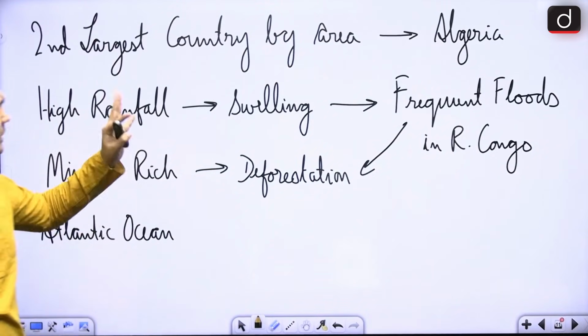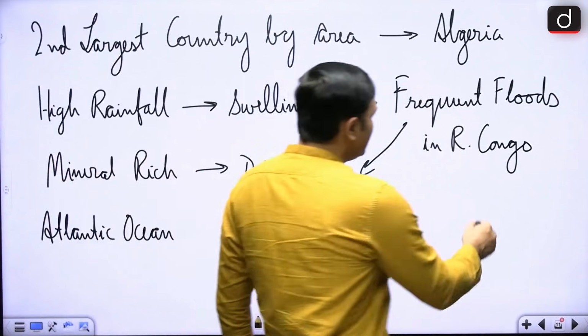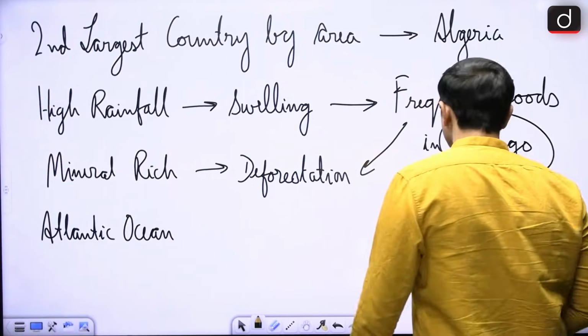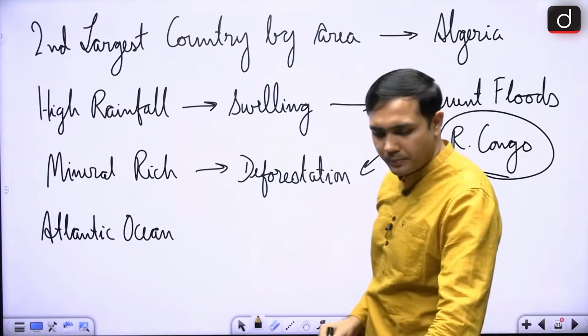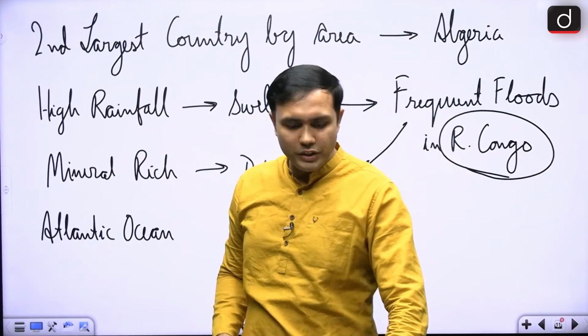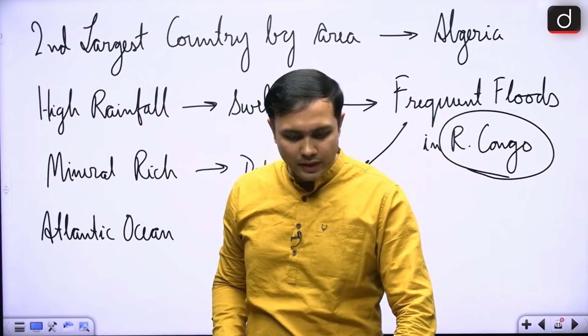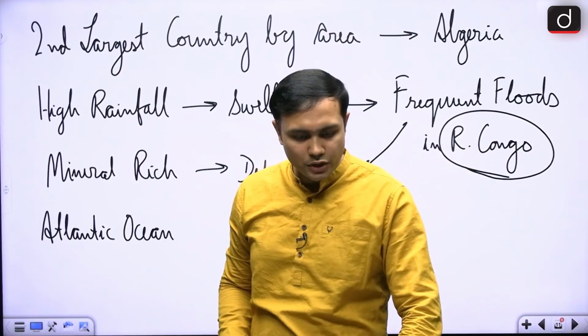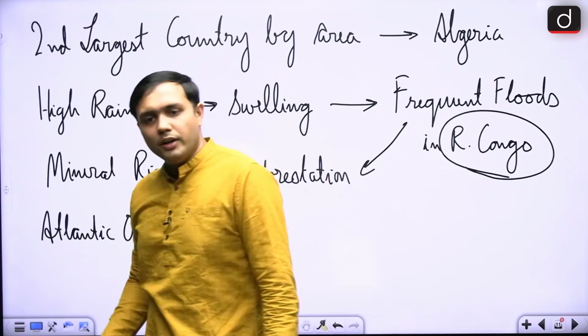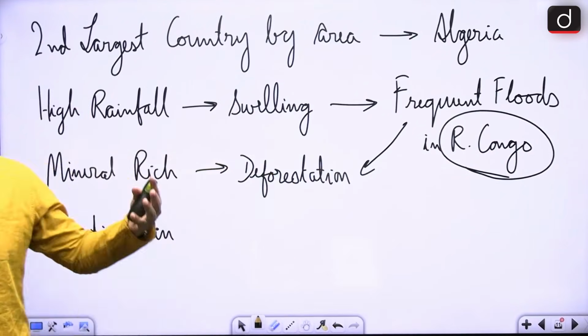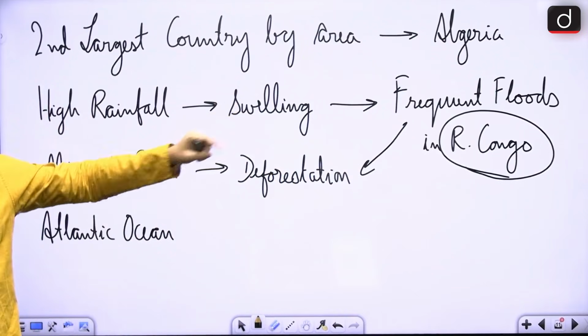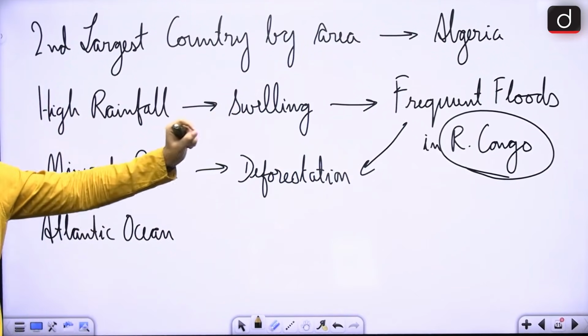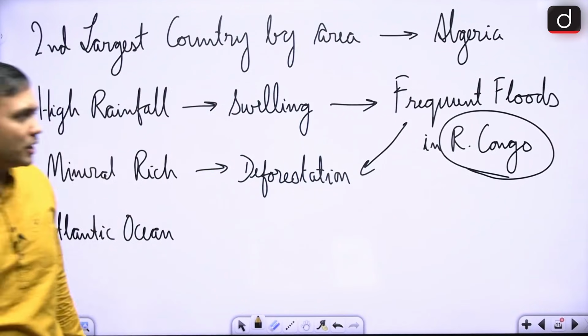So these are some of the basic things that you will have to remember. With respect to River Congo, you can remember one thing. Can you tell me which is the river that is having the highest discharge of water in the world? So Congo River is the second largest river in the world by discharge.